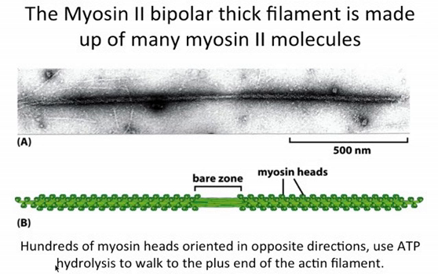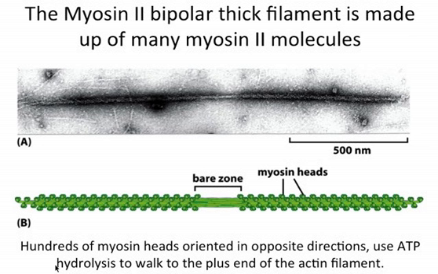Each pair of myosin heads is another myosin protein dimer. They're oriented in opposite directions, and they use ATP hydrolysis to walk to the plus end of the actin filament. And so they're sliding the pairs of actin filaments past each other. So actin's actually going to be up here and down here.